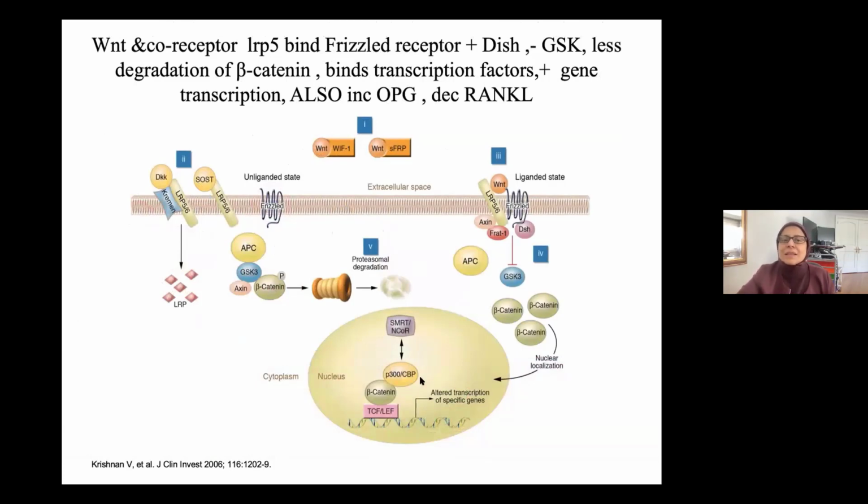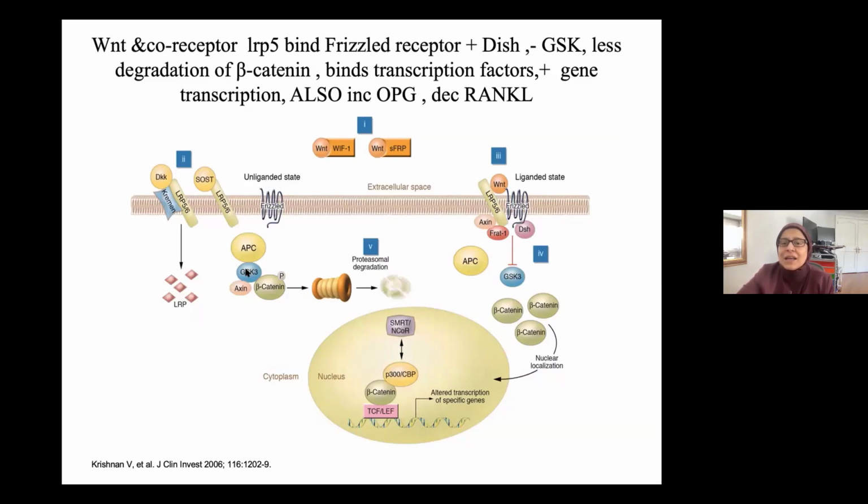Just a schematic illustration regarding the Wnt signaling pathway. This is an osteoblast. We can see on the surface we have the frizzled receptor. Wnt, which is released by osteoblasts and osteocytes, binds to its co-receptor LRP5. When this receptor is activated, it will result in activation of a protein called disheveled, which will inhibit glycogen synthase kinase.